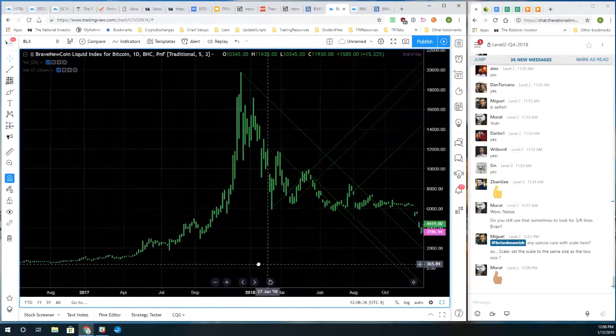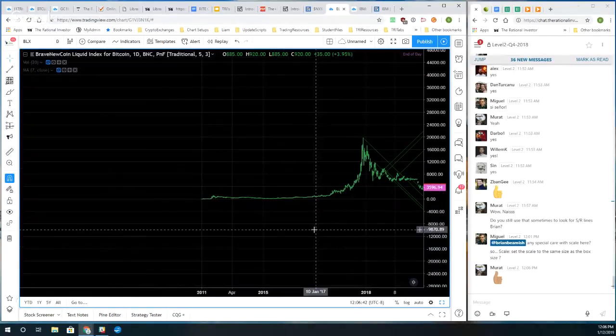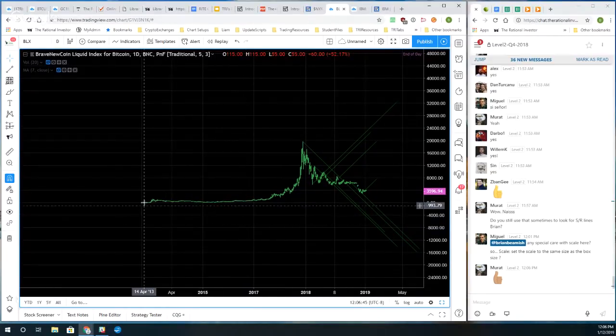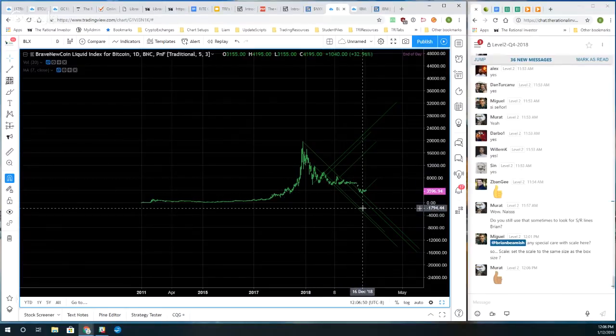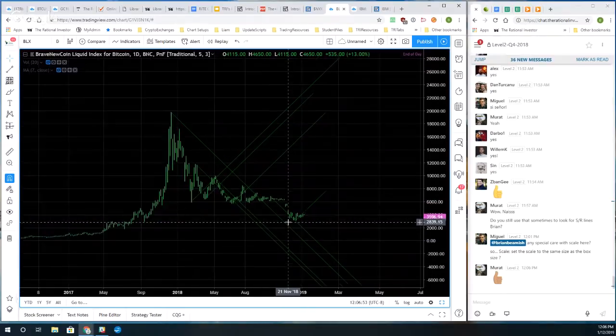But at the same time, I've now changed this to a 5-bar chart. You'll notice that now I can include most of the information on this price chart on just one screen. It's actually very clean.